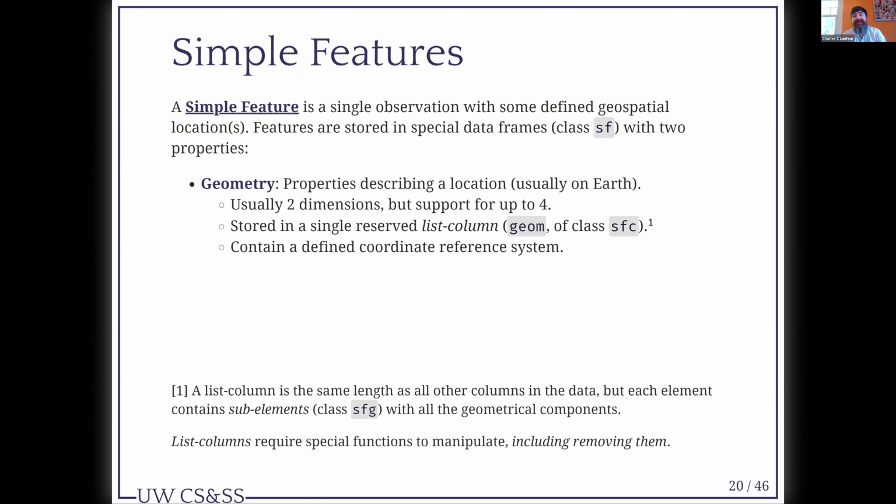So the geometry is stored always in its own reserved column, almost always named geometry. This is a list column. So let's say that you have state data in your data frame. You've got 50 US states. No matter how complex the geometry of that state is, its boundary might be defined by 1,000,000 points.